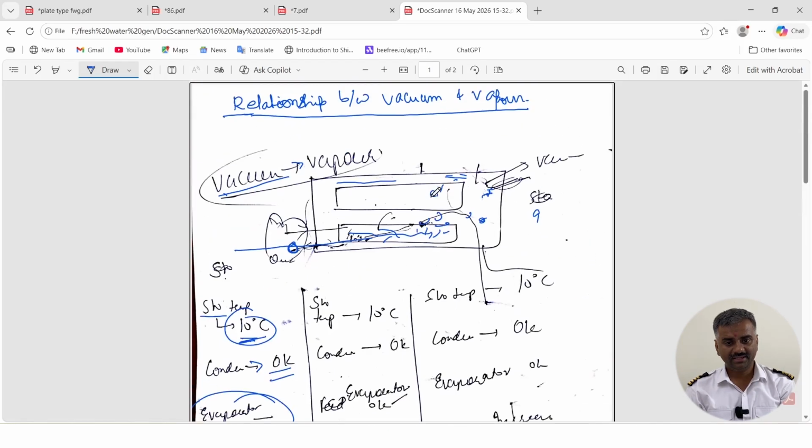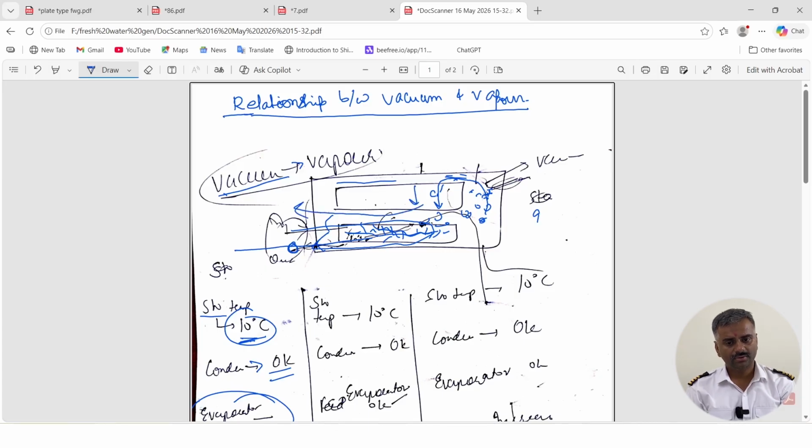So what will happen? In that case, since your evaporator is scaled, jacket water will go in and come out, steam production will be happening, but less vapor will be produced. Whatever vapor is produced will go up, will be easily cooled by the condenser, and the fresh water will easily go out.